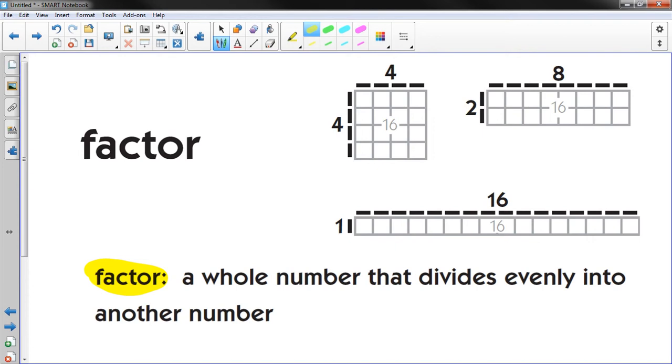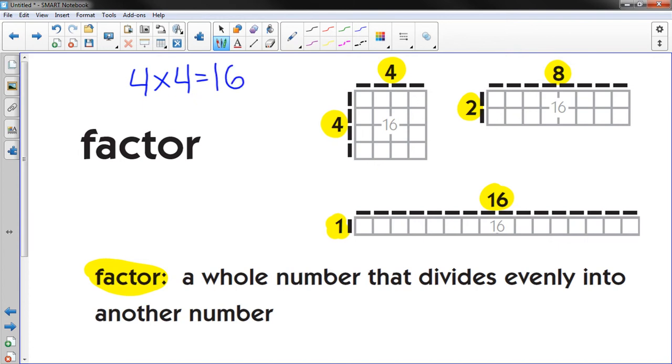The factors of 16 are 4, 2, 8, 16, and 1. And the factors are really the sides of the rectangle that you're going to construct. The factors in a multiplication problem look like this. So 4 times 4 is 16. The 4's are your factors.